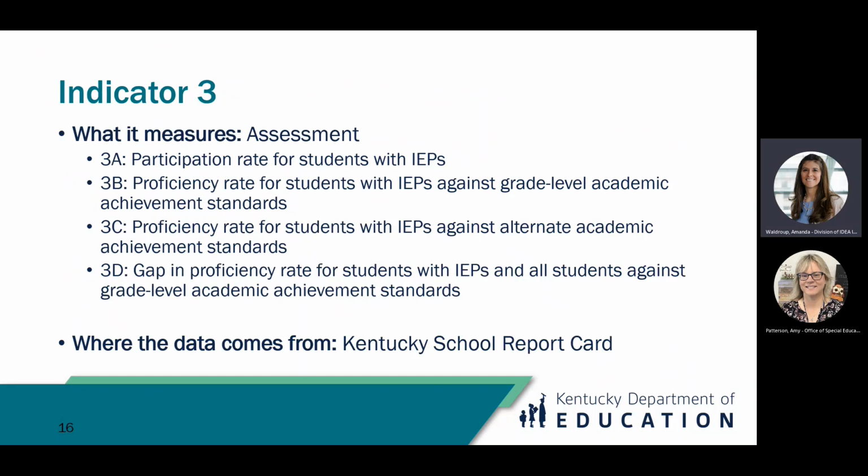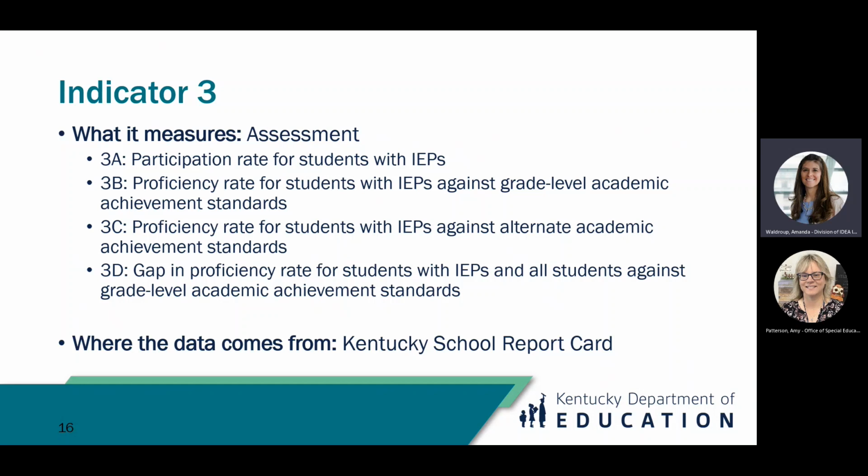So it measures assessment and it breaks it apart into indicators 3A through D. So 3A includes participation rate for students with IEPs. 3B includes proficiency rate for students with IEPs that take the regular assessment. 3C is proficiency rate for students with IEPs that take the alternate assessment, and 3D measures gap and proficiency rates for all students, as well as students with IEPs that took the regular assessment.